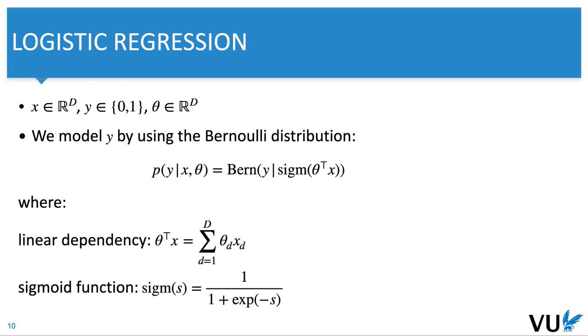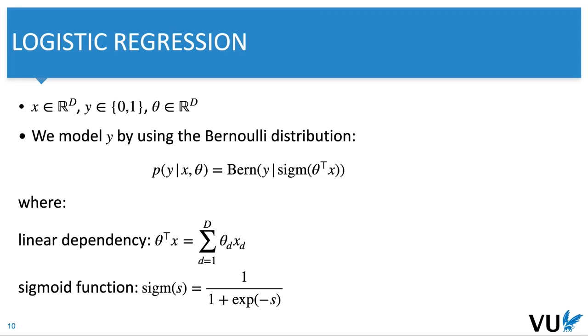And here we have two maybe new concepts. The first concept is the sigmoid, and this is the sigmoid function. And we also have this theta transposed times x written in matrix notation.